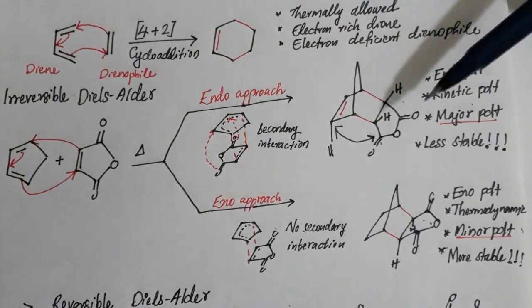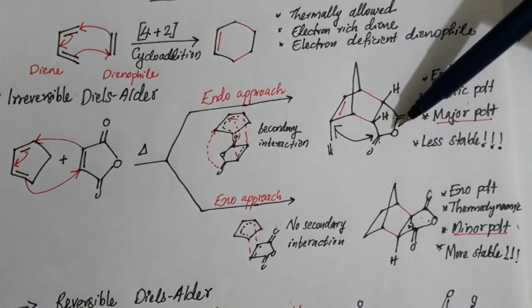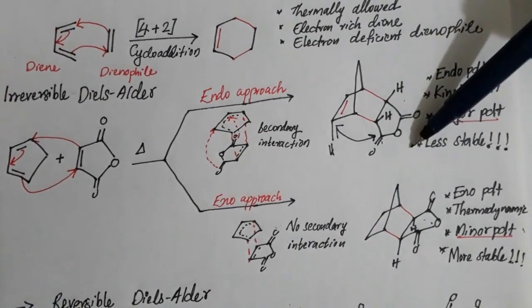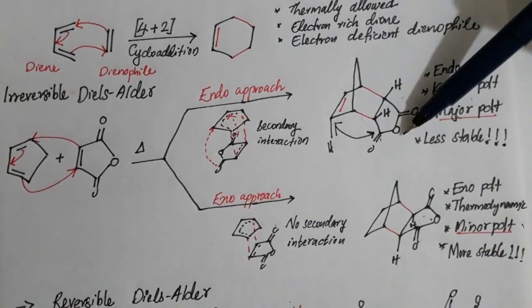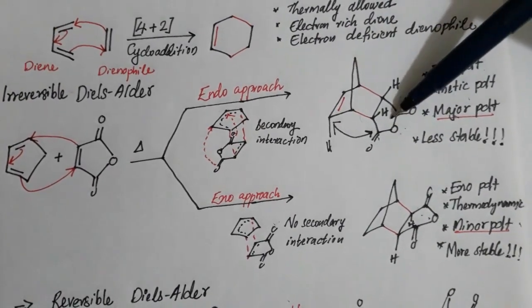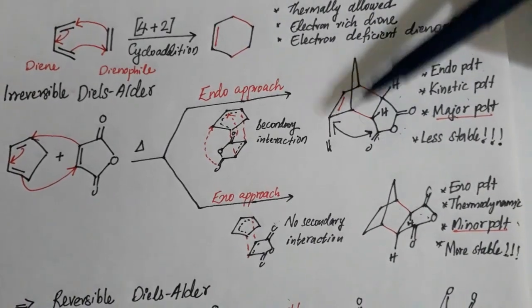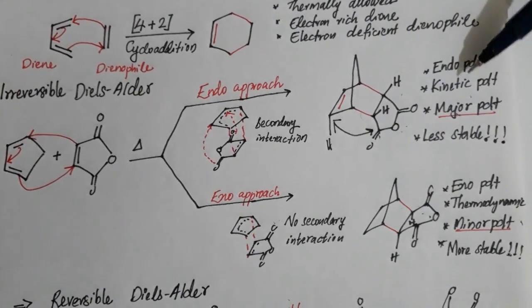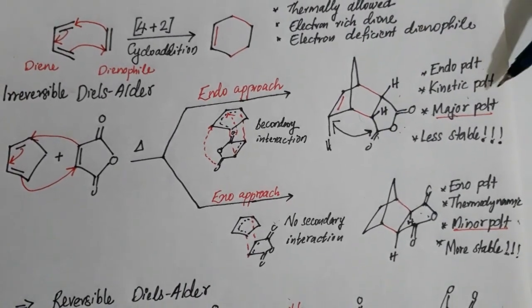As a result, you will end up with a product in which the dienophile portion will be downward, and hydrogen is upward. That's why it is called the Endo product, far from the bridge position. The Endo product is mainly the kinetically controlled product.